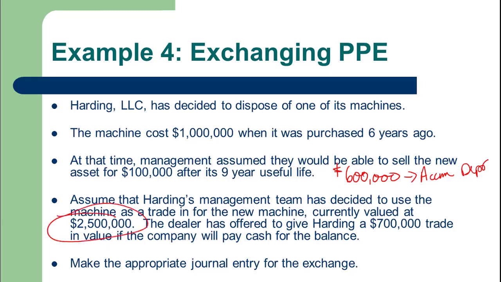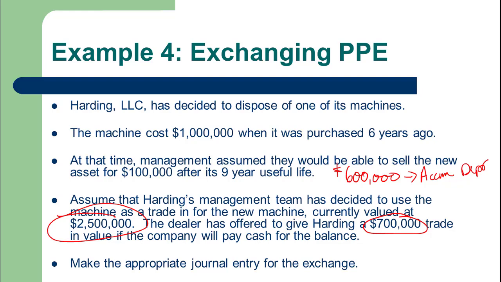The new one normally sells for $2.5 million, but they're going to give us this trade-in value. They'll give us a $700,000 credit for this old machine as long as we pay cash for the balance. And Harding's managers are all over this because they were only going to get $350,000 from selling this asset. I'm much better off with this exchange.